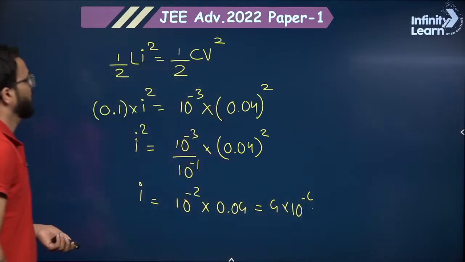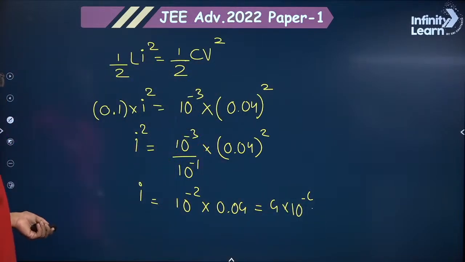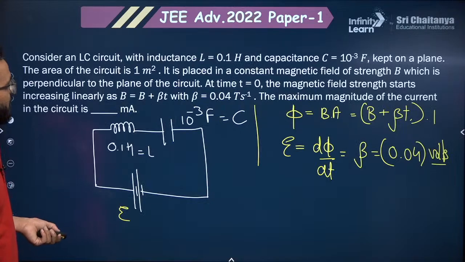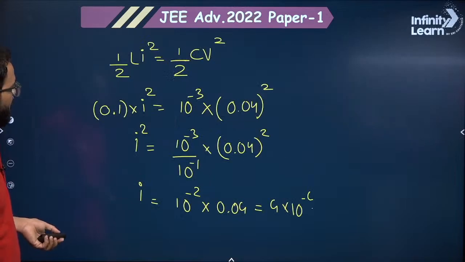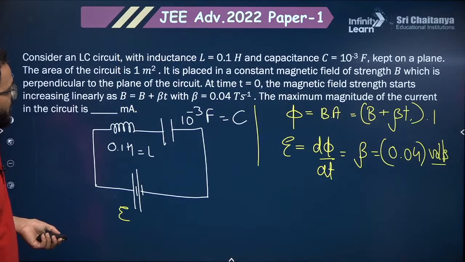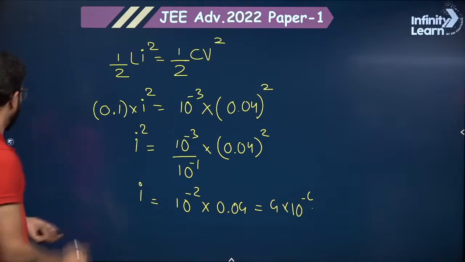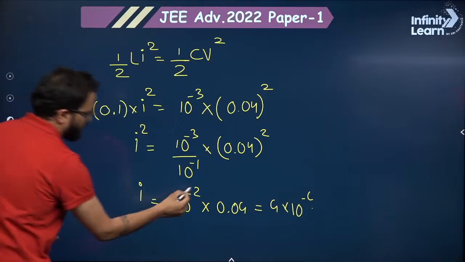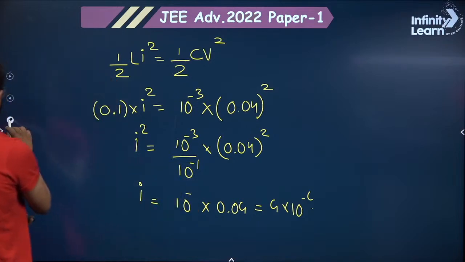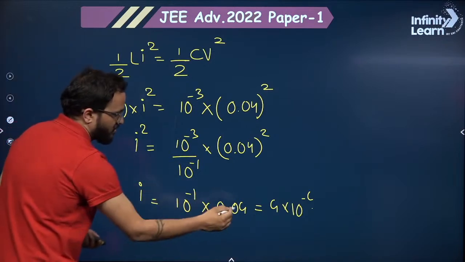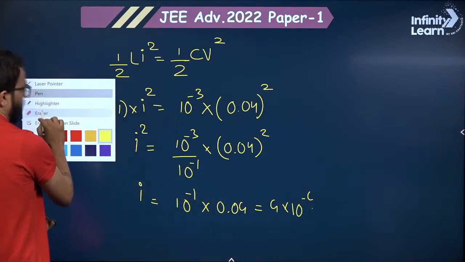Anything missing? Half L i square, L is 0.1, C is 10 to the power minus 3, half C v square, that is 0.04. Okay, so i square, 10 to the power minus 1.